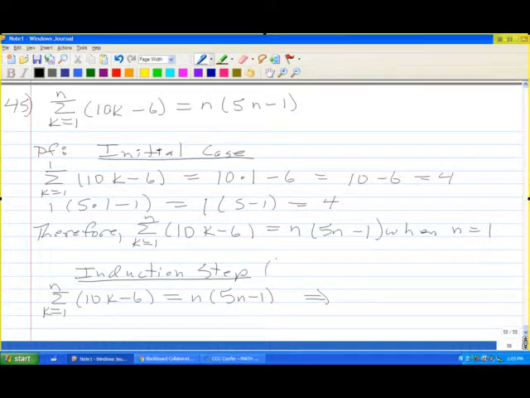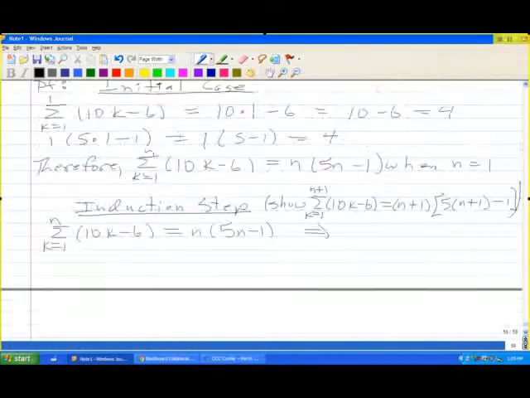I want to show, so at the end, what I want to show is that when I replace n here by n plus 1, the formula is the same where I replace n by n plus 1. So this is what I want to show. And let's see if it works.